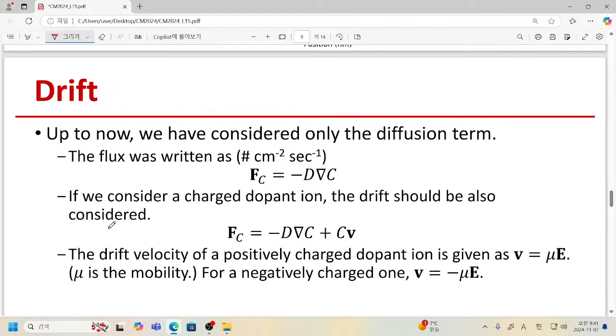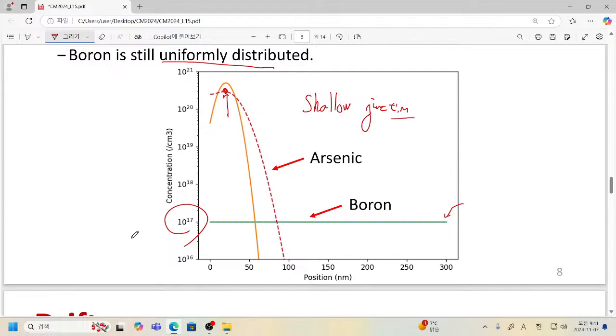Although you may say that it's not that interesting, if you have a look at this dopant profile, then you immediately understand this is nothing but an N plus P junction.